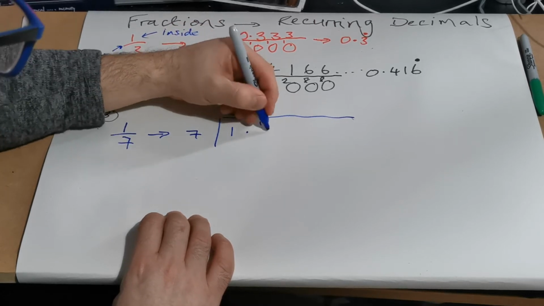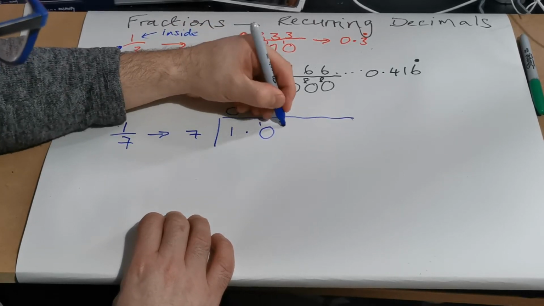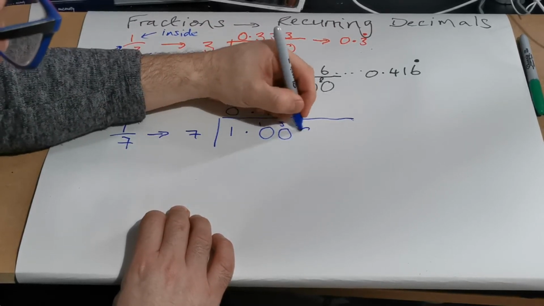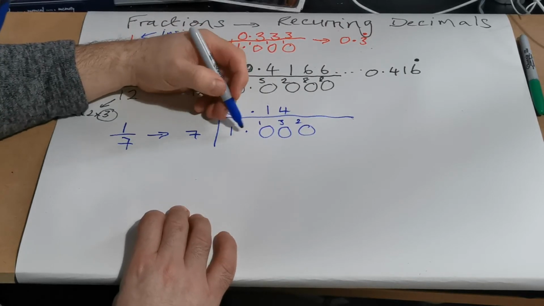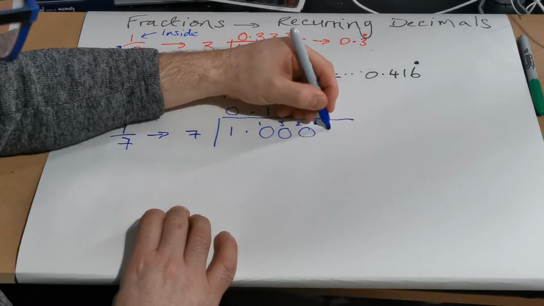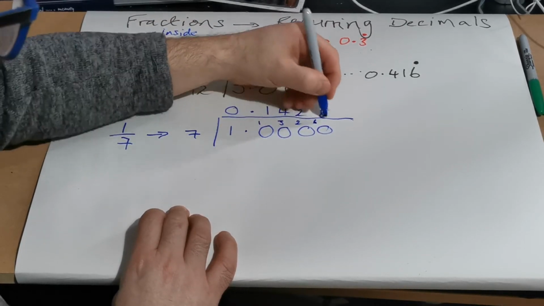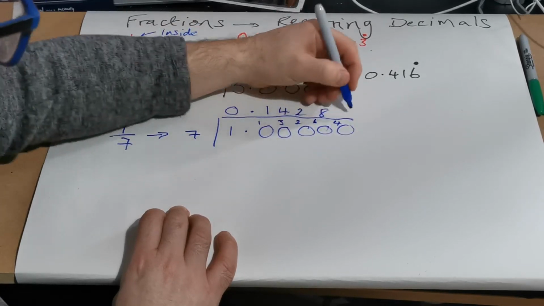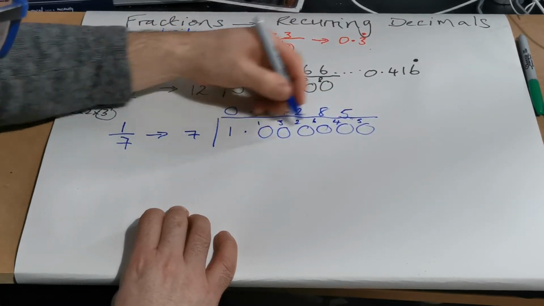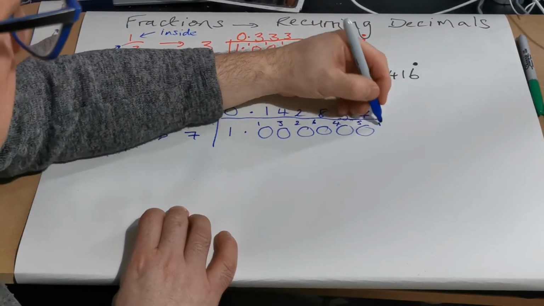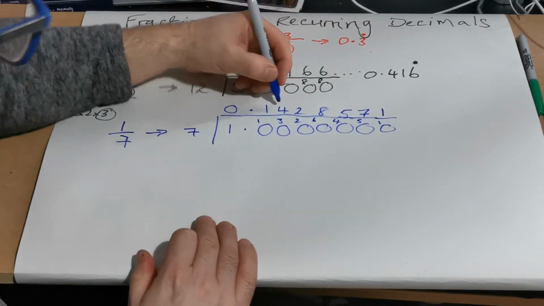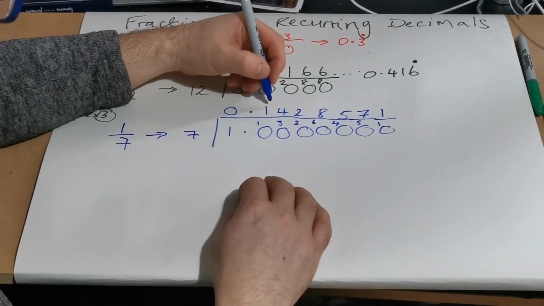So I'm going to go 7 into 10 go 1, remainder 3. 7 into 30 go 4, remainder 2. 7 into 20 go 2, remainder 6. 7 into 60 go 8, remainder 4. 7 into 40 go 5, remainder 5. 7 into 50 go 7, remainder 1. And so then we're back again to the 1. So you can see the pattern would then carry on.